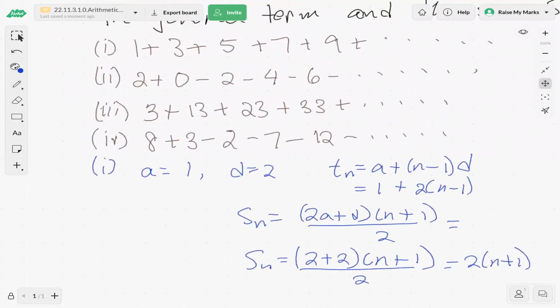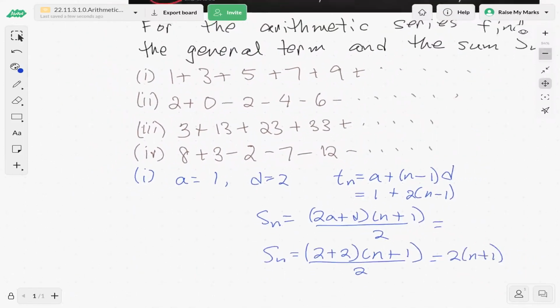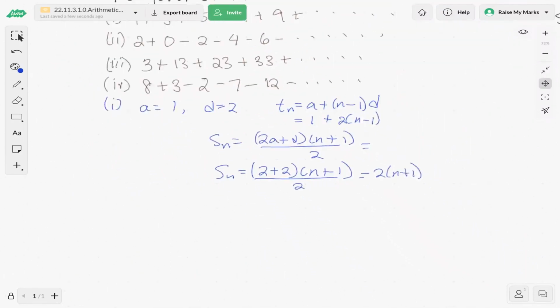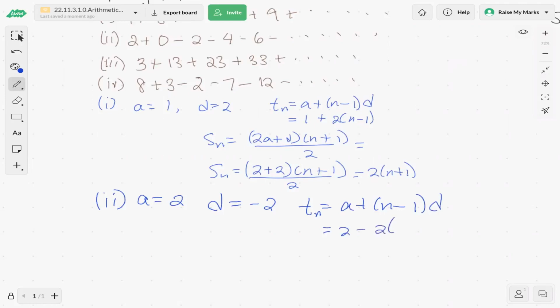Let's have a look at our second sequence. Okay, so our initial term, a, is 2. Our difference looks like negative 2. So our general term is a plus (n minus 1)d, or 2 minus 2(n minus 1). Okay, so that's our general term.